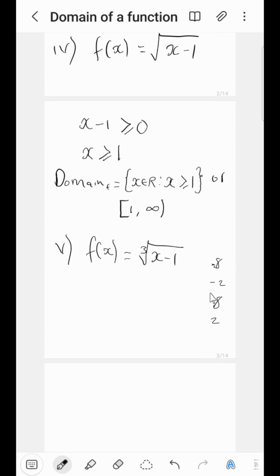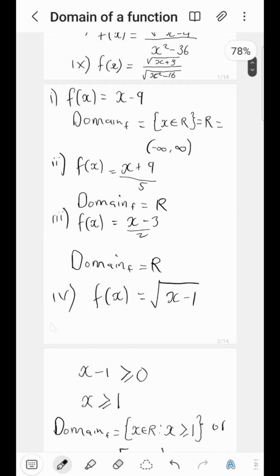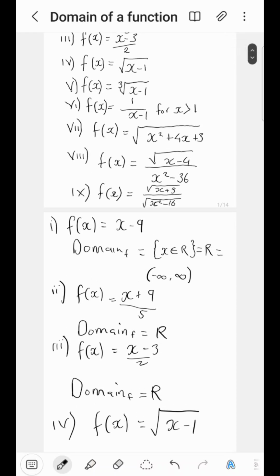So it doesn't matter whether you put a negative value or a positive value, it will give you the answer. So for this one, we'll say all real numbers, because any real number that you place there on x will be defined. So domain of f is equal to real numbers. Okay, we move on. Example 6.